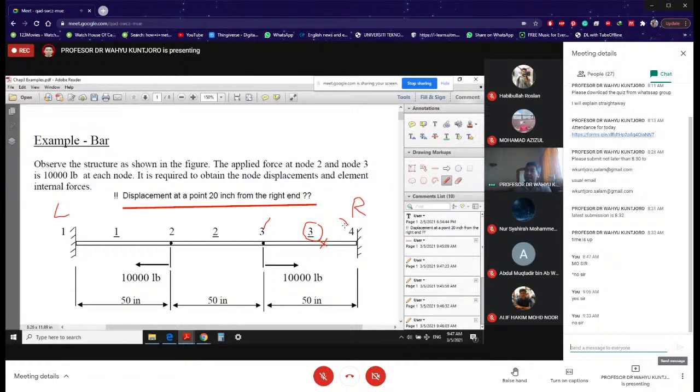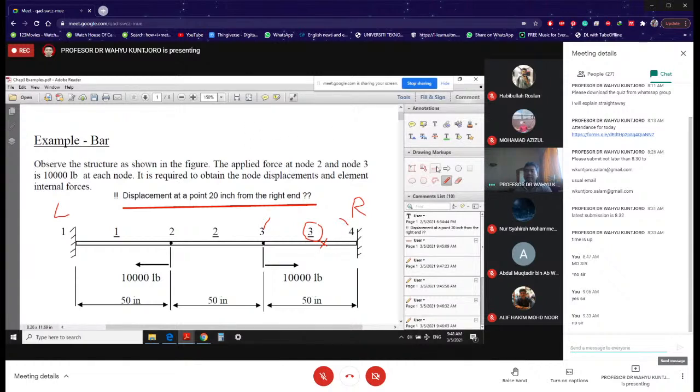This is bar, this is not truss. So meaning you have only one degree of freedom, D3x and D4x. Once you know the displacement at node number 3 and 4, D3x and D4x, then you can calculate displacement at that point, right? You can calculate the displacement at that point.